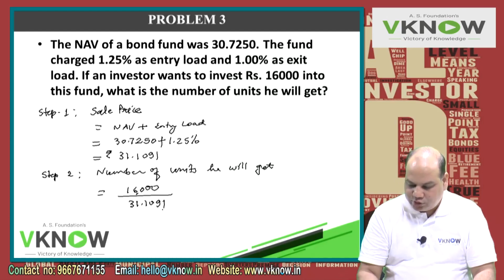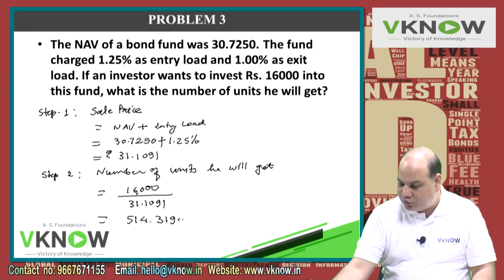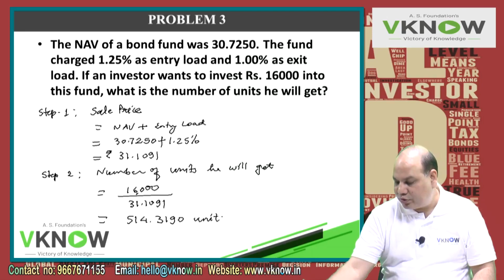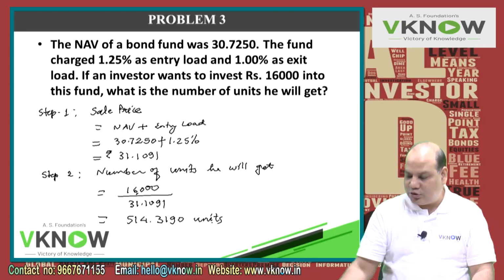So 16,000 divided by 31.1091, and that is approximately equal to 514.3190 units. So this time write units, don't write rupees. This is unit.